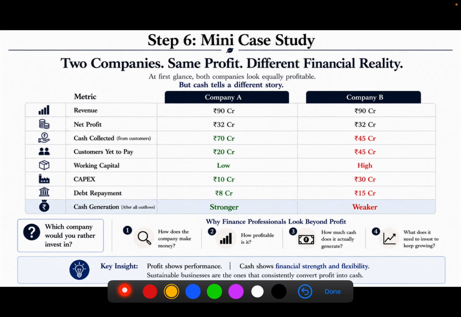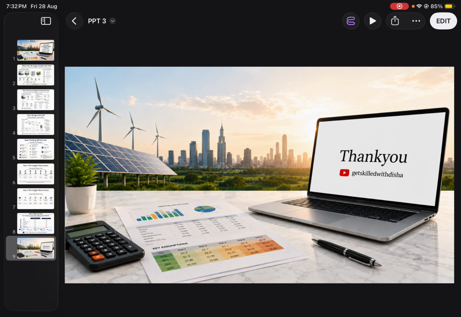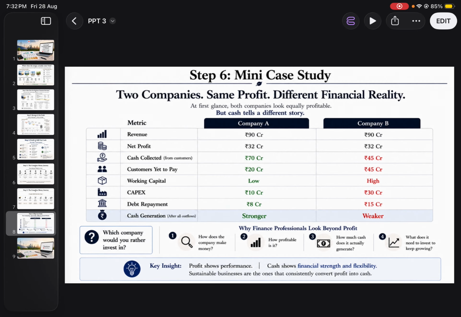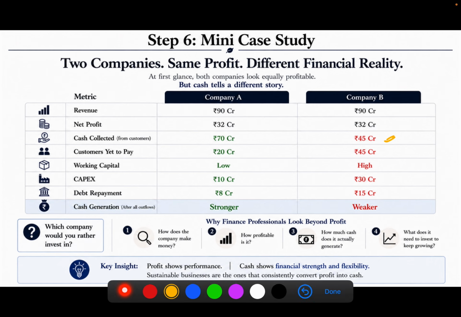Now let's make this a little more interesting. Imagine two companies, both generate 90 crores of revenue and both report 32 crores of net profit. At first glance, they look almost identical. But look what happens to the cash. Company A collects 70 crore from customers, while Company B collects only 45 crores.